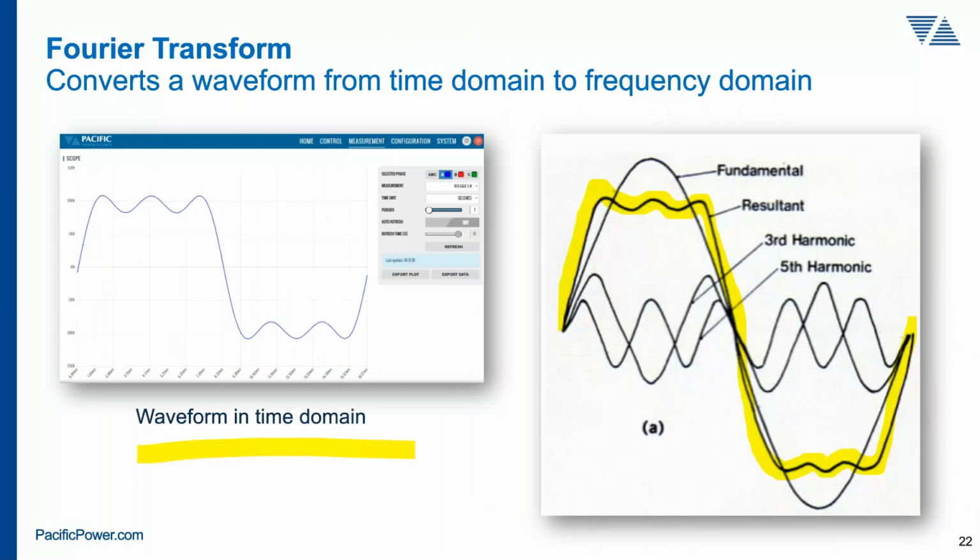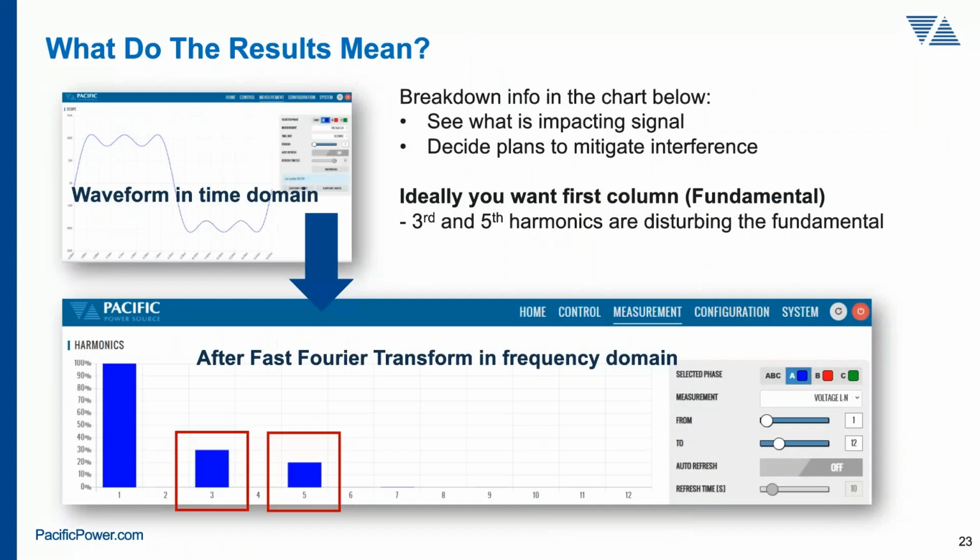Again, here's another view: it converts a waveform from time domain to frequency domain. Here we created the resultant waveform in time domain based on our example before, and it breaks down the waveform into frequency domain so that we can see what is impacting the signal, and decide plans to mitigate this, or at least understand what's going on.